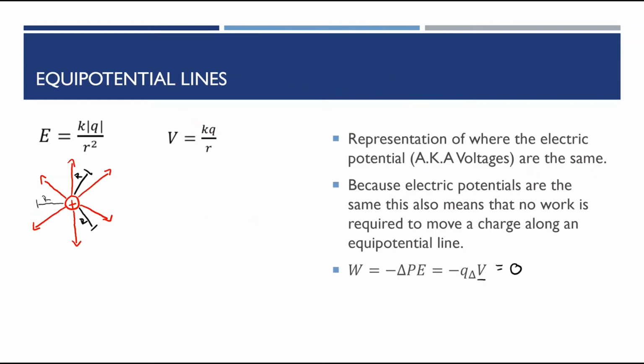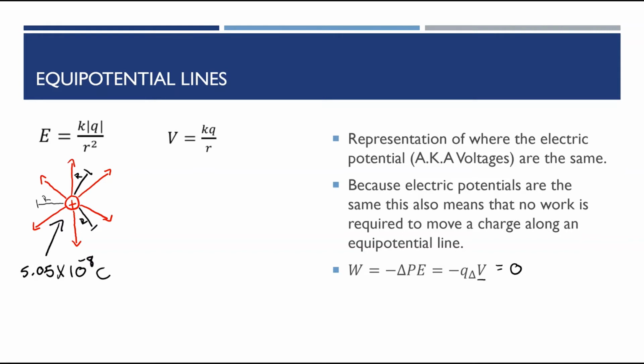So from the question on the previous slide, we found the point charge of the source. And we found that it was 5.05 times 10 to the negative 8 coulombs.